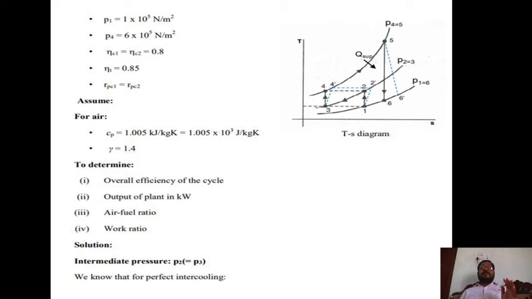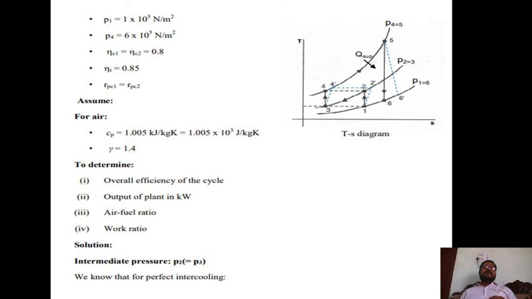The actual cycle is 1, 2 dash, 3, 4 dash, 5, 6 dash, 1. The ideal cycle is 1, 2, 3, 4, 5, 6 and 1. Like this, the ideal and actual cycles can be analyzed.